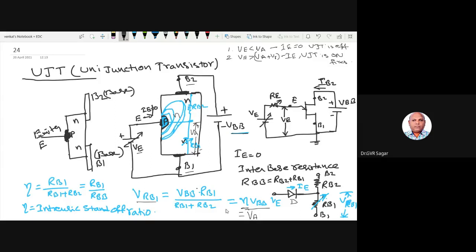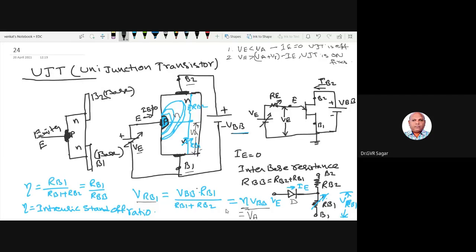That's why the arrow mark in the symbol shows the direction of current: the emitter current is moving towards base 1, not base 2. Some holes diffuse towards base 2, but current is not flowing like this, is it? They are repelled from base 2 and reach the base 1 terminal.